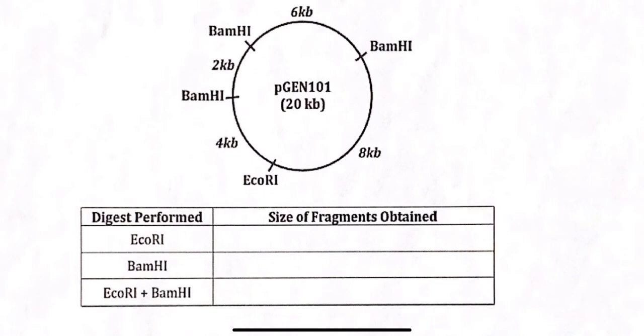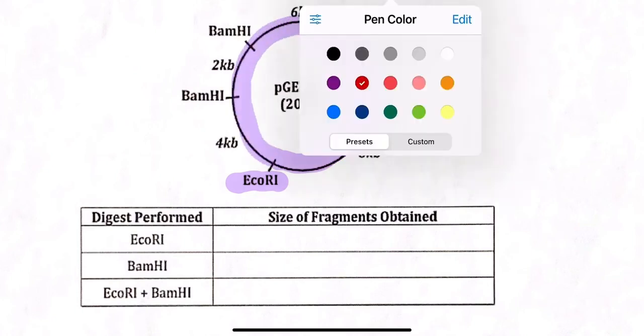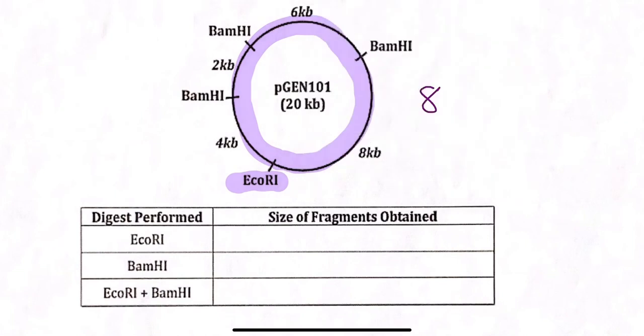I'll use some different colors here to highlight that so that you can see it better. So here, of course, is EcoR1. I'm going to use the purple to show you: if we measure the length of the plasmid from the starting point all along the perimeter, we see that we have 8 kb plus 6 kb over there, plus 2 kb over here, plus 4 kb over there.